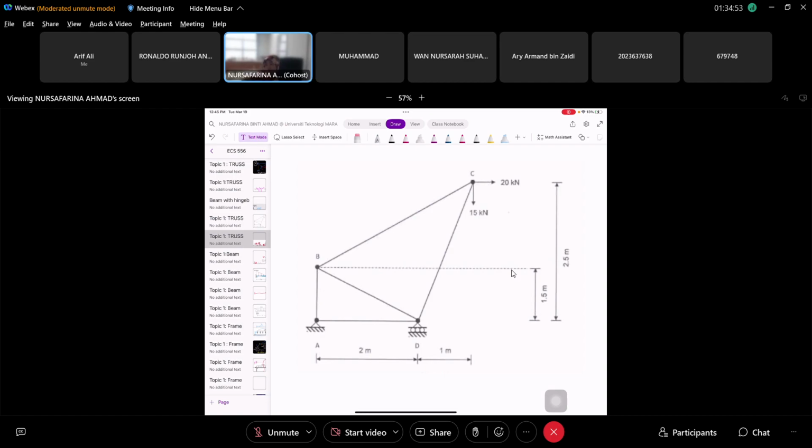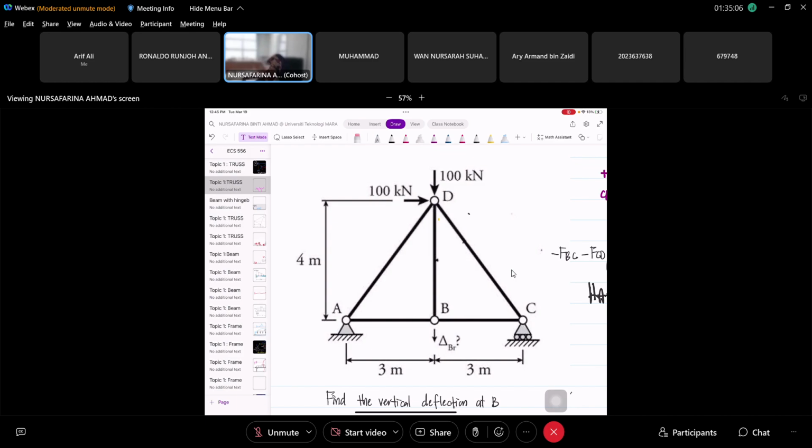Okay, you have to find vertical at C. And then EA is 500 kilonewton. For this question, EA is also 500. Both EA is 500.